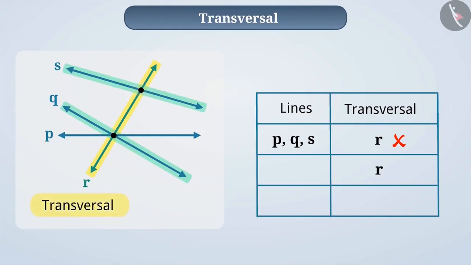So, we can say that the line R is the transversal of lines Q and S. Similarly, line R is intersecting the lines P and S at 2 different points. Therefore, line R is the transversal of lines P and S.